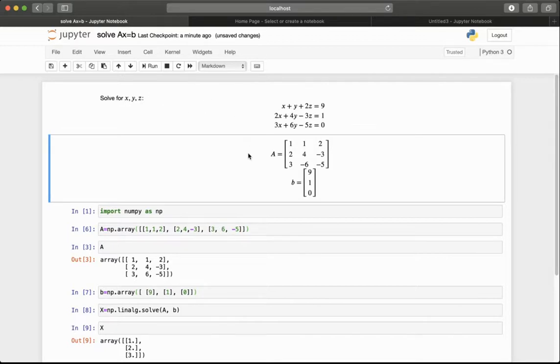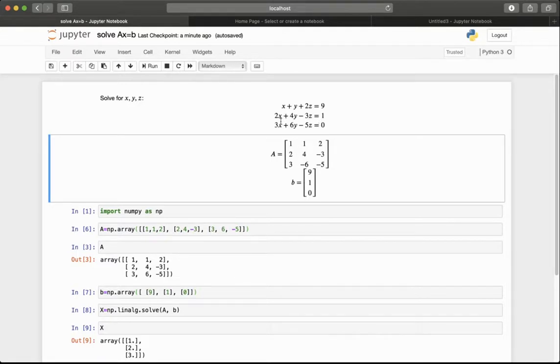We saw that what we want to do is focus on taking out the coefficients and turning these equations into a matrix. This time I've taken the 9 coefficients on the left-hand side of the equal sign and put them into a matrix here. So again, the first row has coefficients 1x, 1y, 2z, and that corresponds to the first row of the matrix.